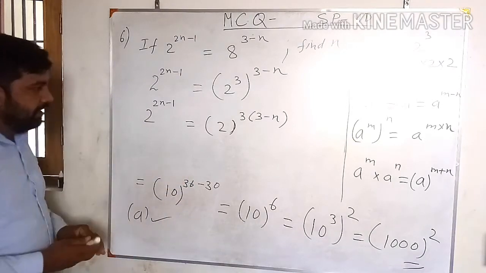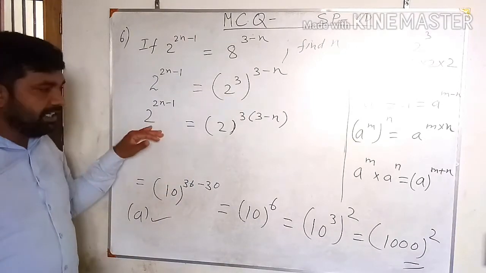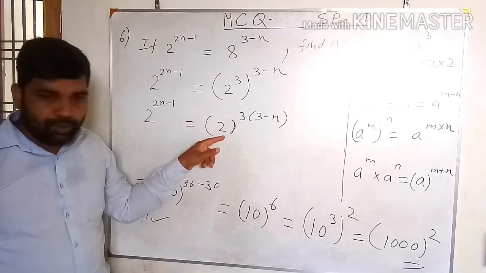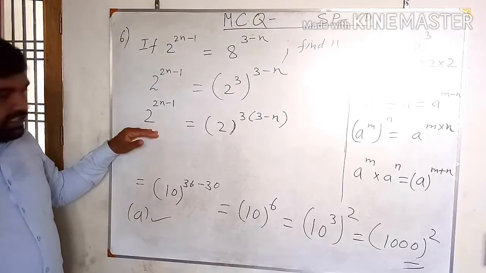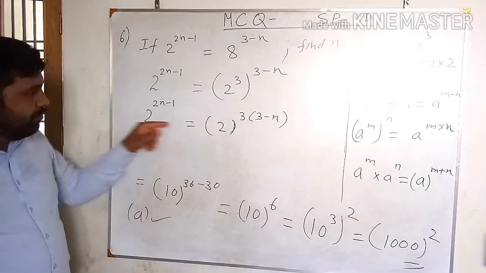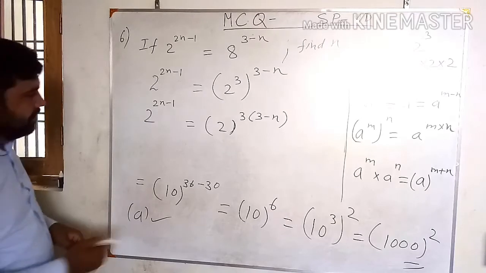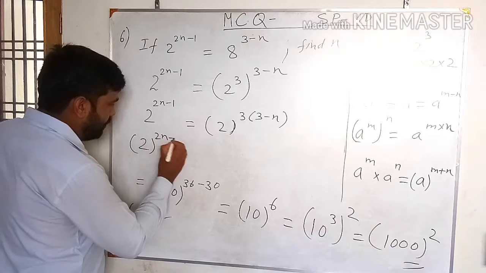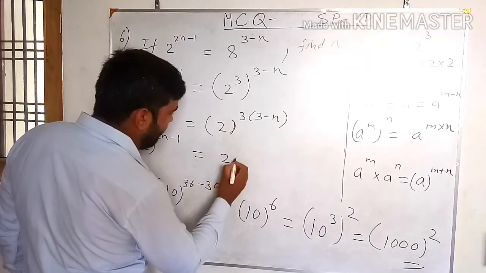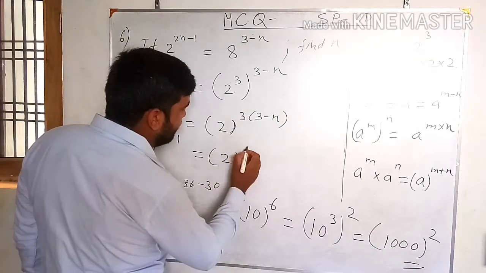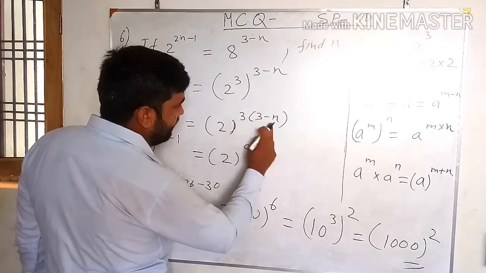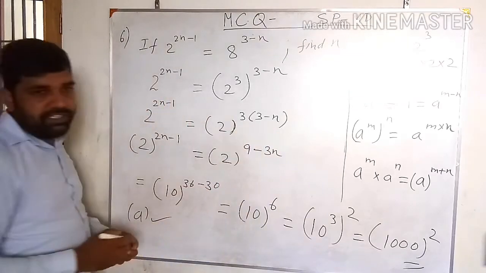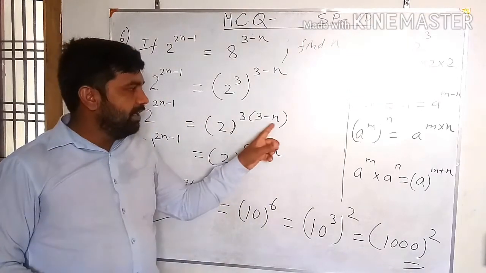Now in both the exponentials we have made the base the same. The right hand side has base 2, and the left hand side also has base 2. Now for the power on the right, what do we get if we multiply? 3 is multiplied with each term in the bracket.